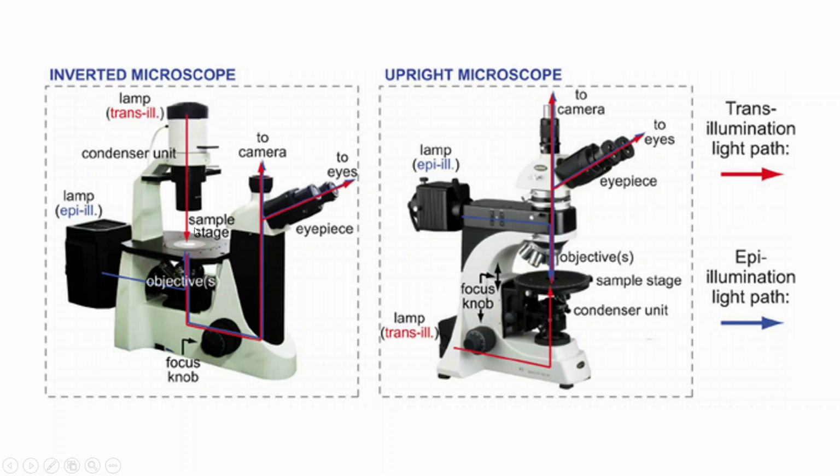An upright microscope is used when the specimen or slide is opaque or translucent in nature, because the light comes from the top of the microscope, hits the specimen, and then moves into the objective and then into your eyepiece.